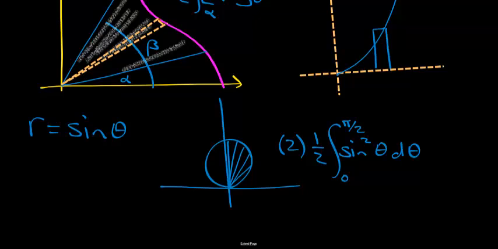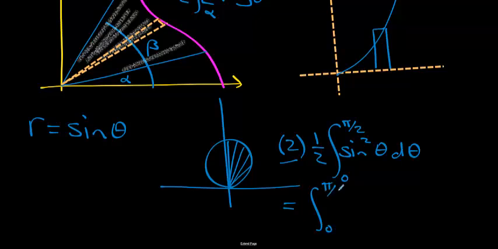I'm only going to find this area, but I'm doubling it to make it easier on myself, using symmetry. Actually, it really doesn't make it that much easier. I could go from 0 to pi. If I go from 0 to pi, that's the same as 2 times going from 0 to pi over 2. So if we do that, this 2 gets rid of that 1/2, which is not too big of a deal, actually.